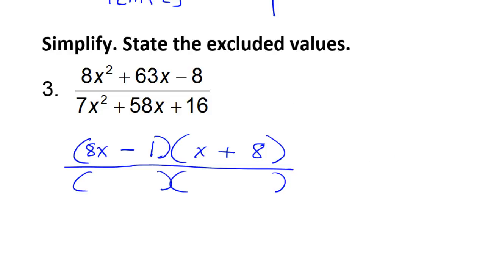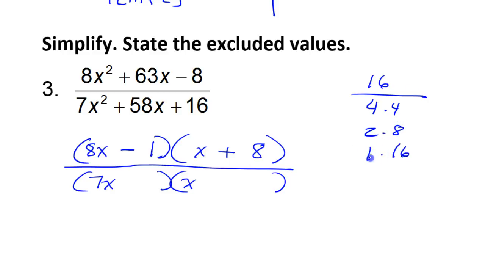All right, similarly for the denominator, 7x squared can only be 7x times x. Now 16. 16 is either going to be 4 times 4 or 2 times 8 or 1 times 16.